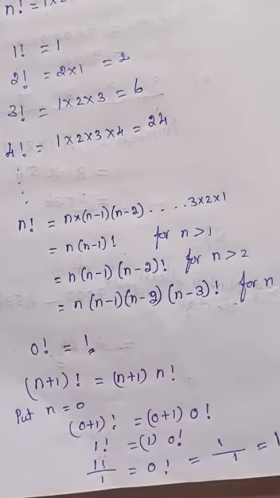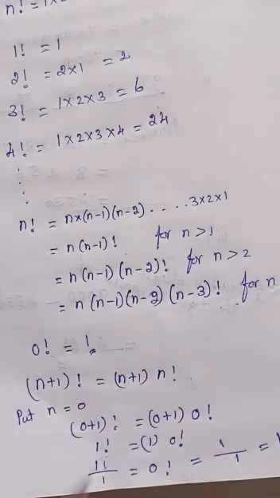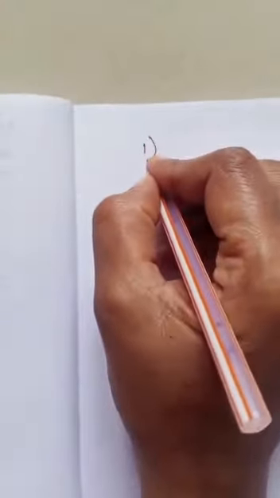Is that clear? So don't get confused about 1 factorial and 0 factorial. 0 factorial is equal to 1 and 1 factorial is also equal to 1. Shall we move to the problems? Okay, now the first problem.